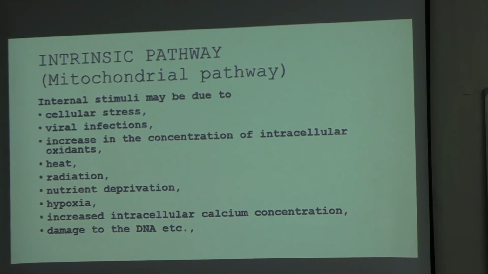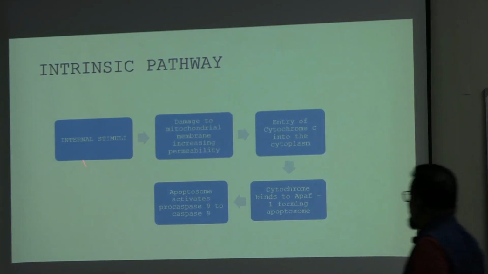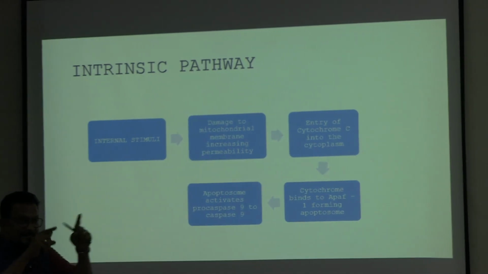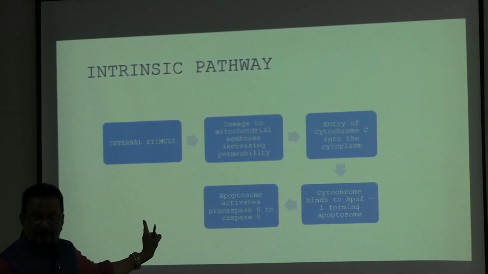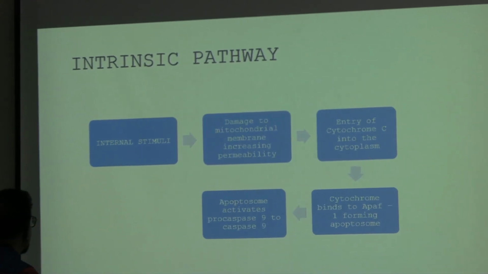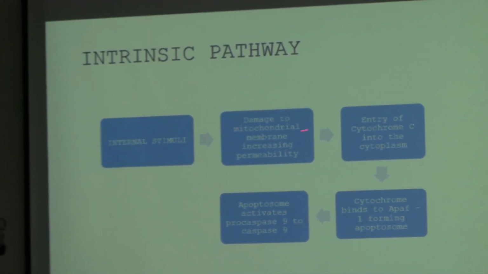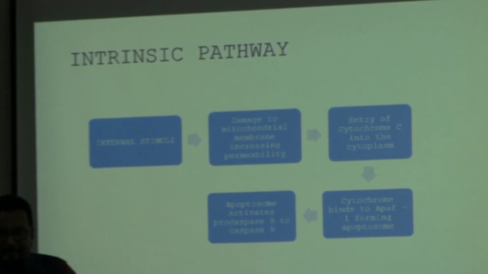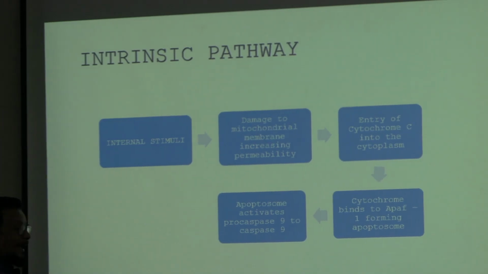See how it is done. Internal stimuli lead to damage to the mitochondrial membrane, increasing its permeability. Note it, this is the pathway for intrinsic. So a lot of things will enter, since permeability has increased.